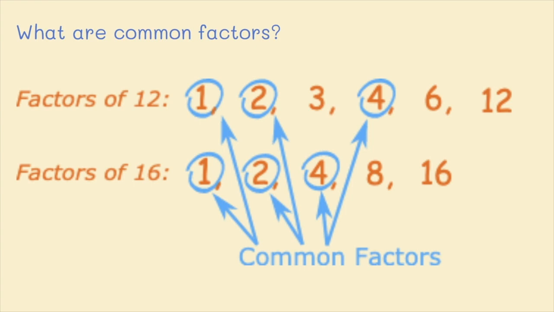So you can see that 1 is a common factor, so is 2, because it's in the factor list for both numbers, and so is 4. If I'm talking about the highest common factor, it's the biggest factor that they both share. So in this case, it's 4. If I'm talking about the lowest common factor, then it is obviously the smallest number, which is 1.